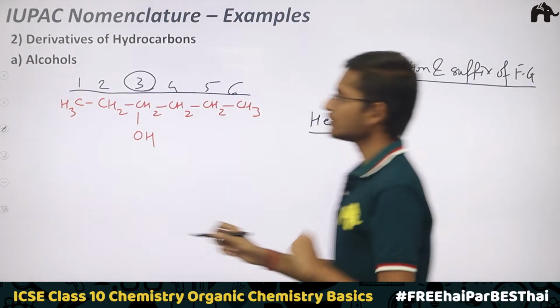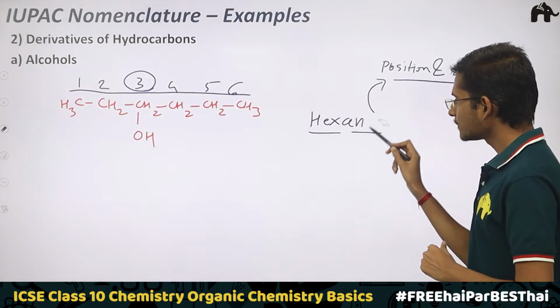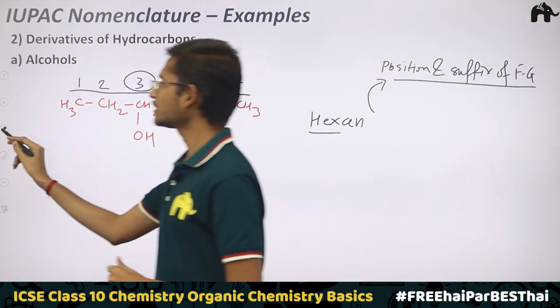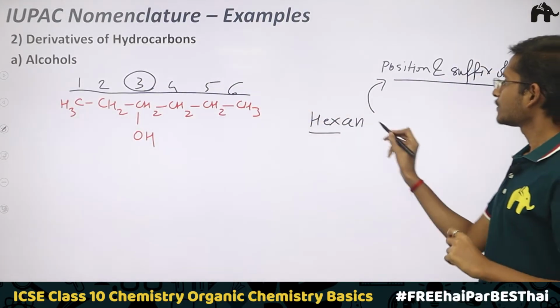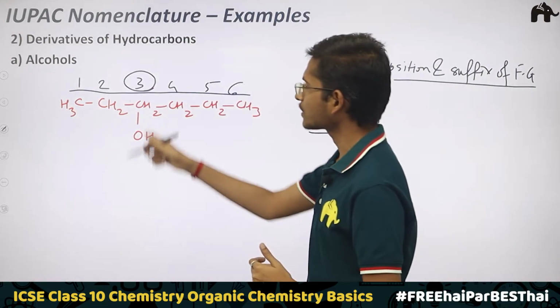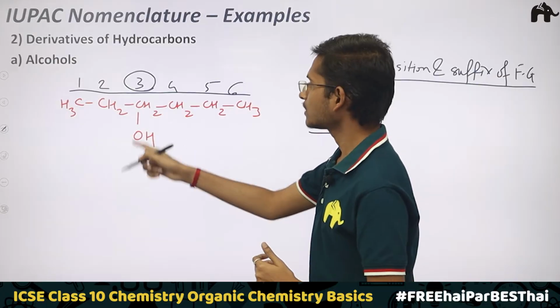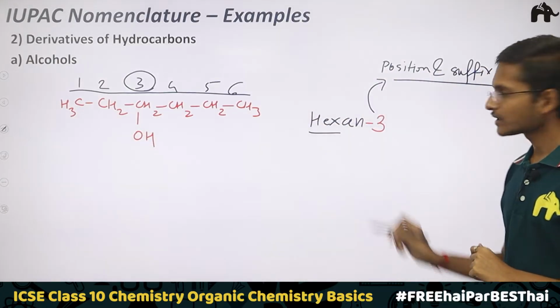So I would replace the e with the position and the suffix of the functional group. Now here first we need to denote the position. Position is denoted by the number, and here the position of the functional group is 3 because our functional group is attached to the third carbon atom, right? So position is 3.